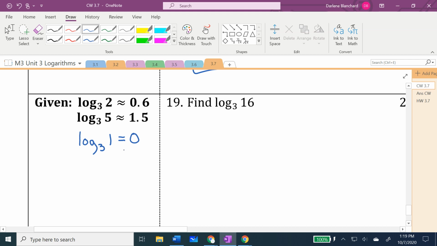Yes, 0. And if you need it, you know that log base 3 of 3 happens to be what number? Yep, 1. So realize that you can use these at any time.